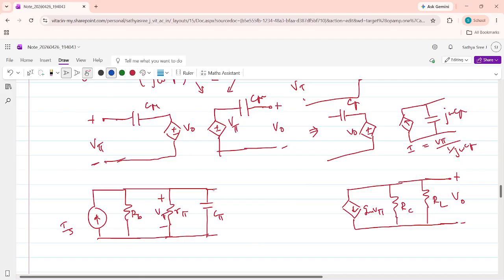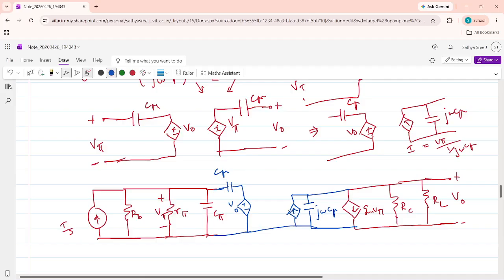So from here, there is C mu and here it is V naught, on the input side. In the output side, there is a capacitance j omega C mu, and after that a current source, and these two are connected.